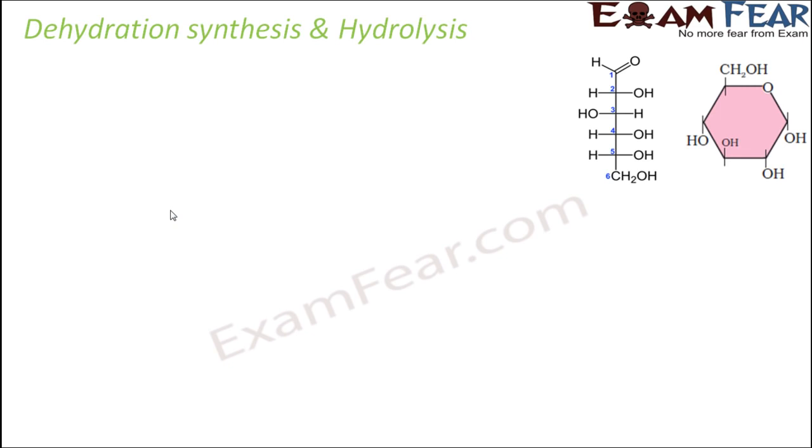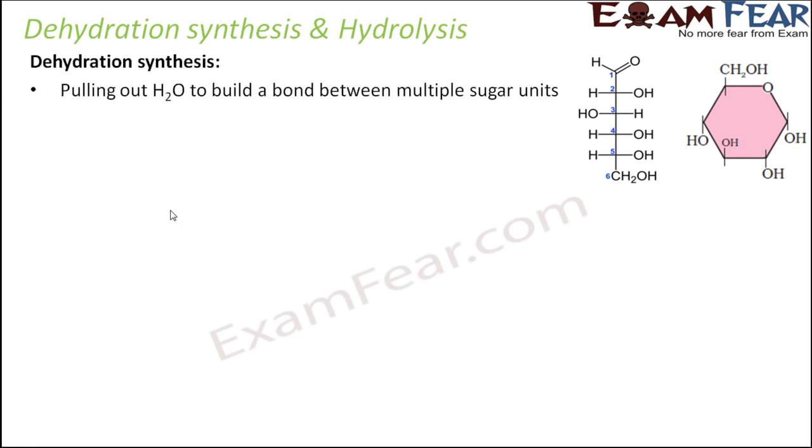Now first we'll talk about a process called dehydration synthesis. What is dehydration? The word dehydration in general means taking out water. We often say that we should protect ourselves from dehydration, that is, from loss of water. So dehydration is nothing but loss of water. This is the process of pulling out water to build a bond between multiple sugar units.